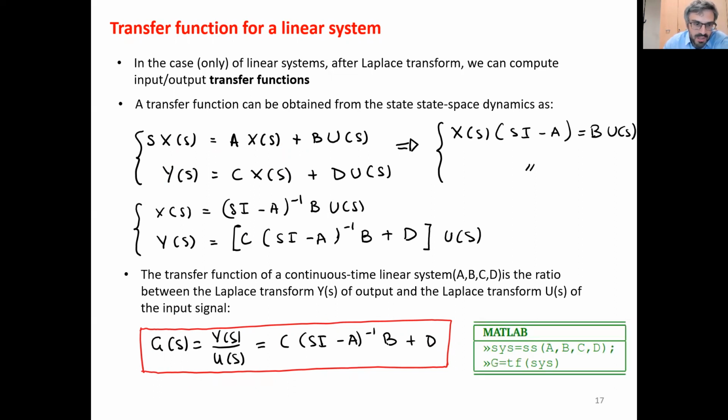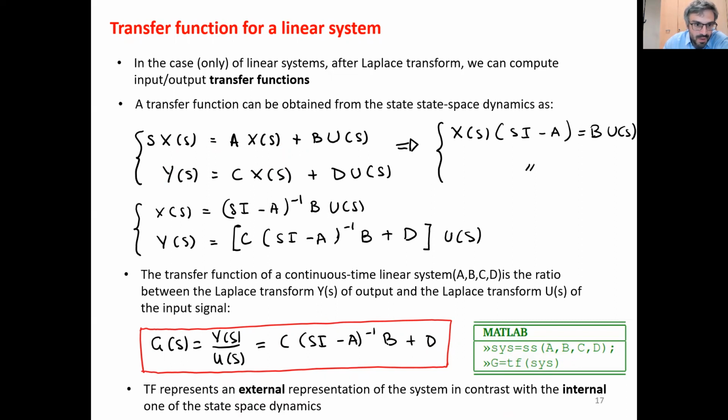This can be done with the simple MATLAB commands ss and tf. So ss computes the state space system, an object, from the matrices A, B, C, D, and then you compute the transfer function representation. The transfer function represents an external representation of the system, in contrast with the internal one of the state dynamics. Think of it as a black box approach.